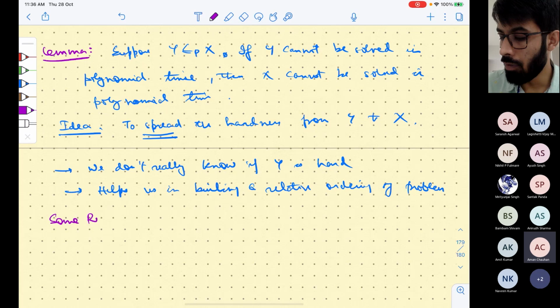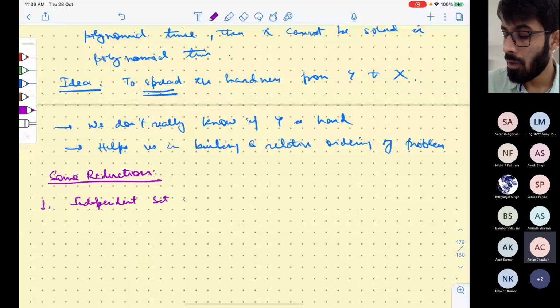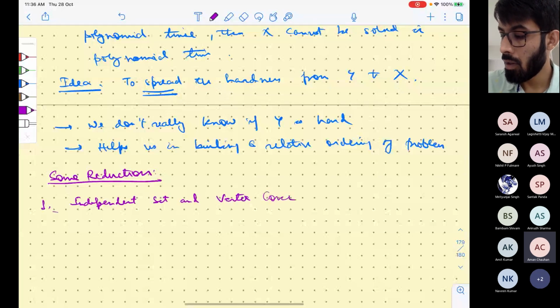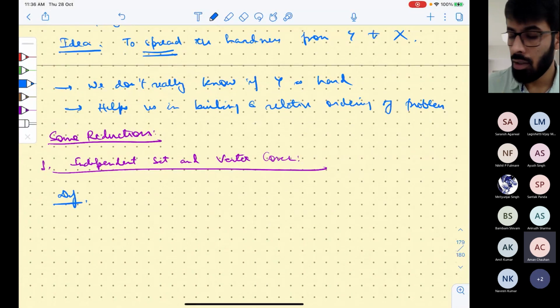Just to give you an idea, I've been talking about X and Y till now. So first, let's say independent set and vertex cover. Okay. So let's first quickly define what these are.